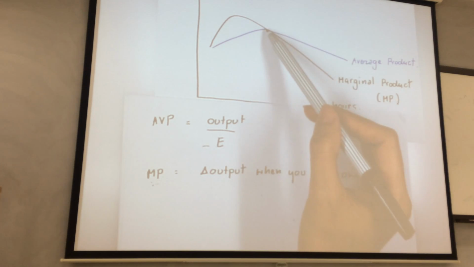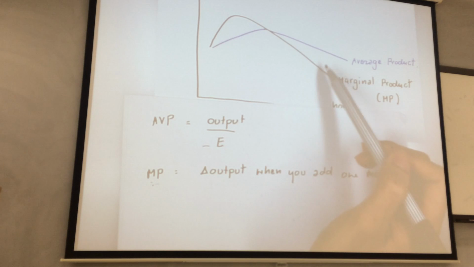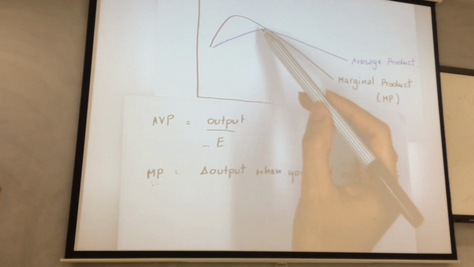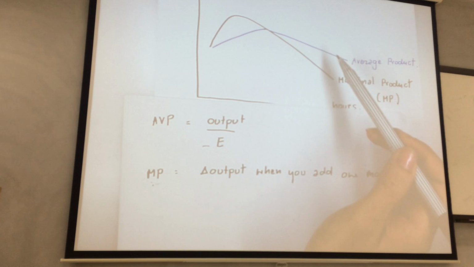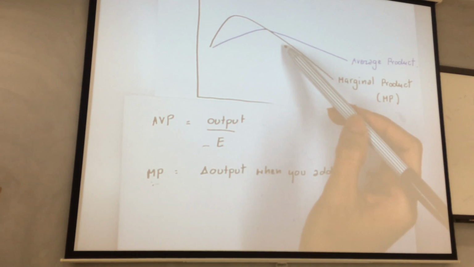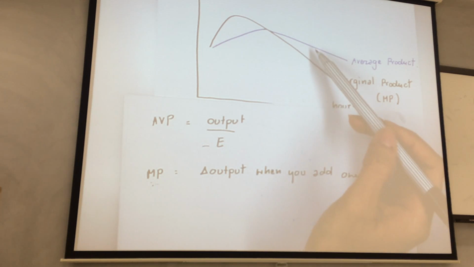So that's why you have the highest point of average product when the marginal product intersects, or technically cuts across, the average product. Because after that, your marginal product is less than your average product. So your average product can only go down.